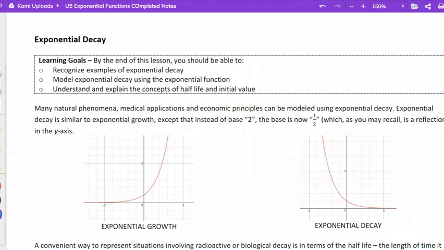So exponential decay, we're generally talking about the decay of radioactive material. When we're talking about radioactive material, you've got a lot of it, right? And it decays. What that means is the atoms sort of break apart.